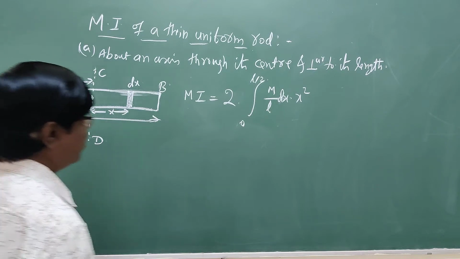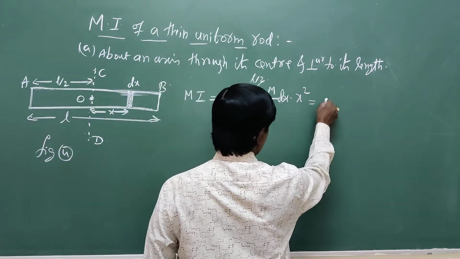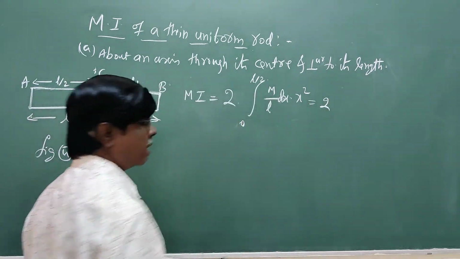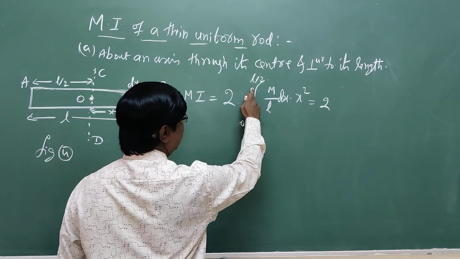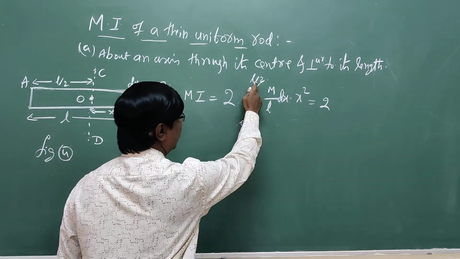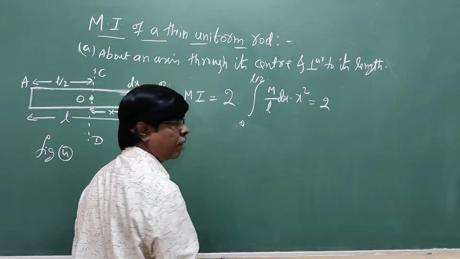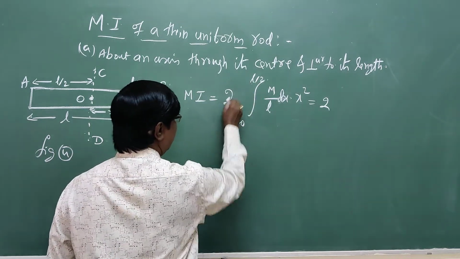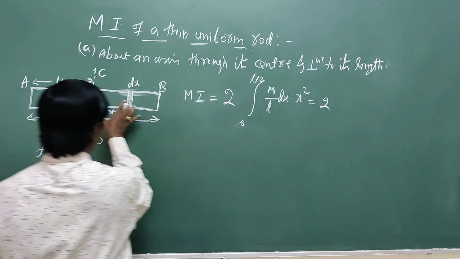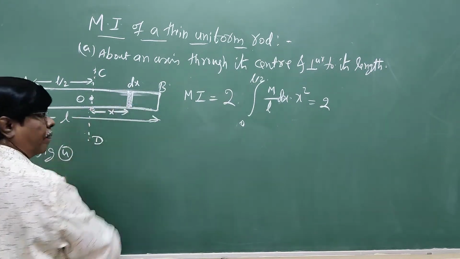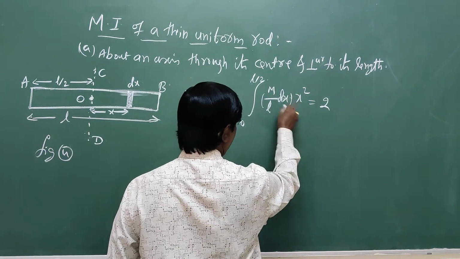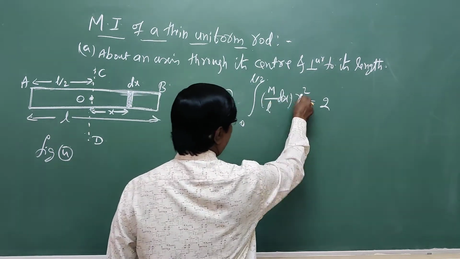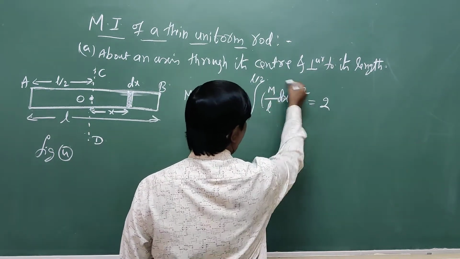And this can be written as, why I have 2 times is, you have to integrate the limit 0 to L, but instead of taking 0 to L, what I have taken is 0 to L by 2. That's why I have taken 2 times 0 to L by 2. This is the mass of the element and this is the square. This is the moment of inertia of the element.